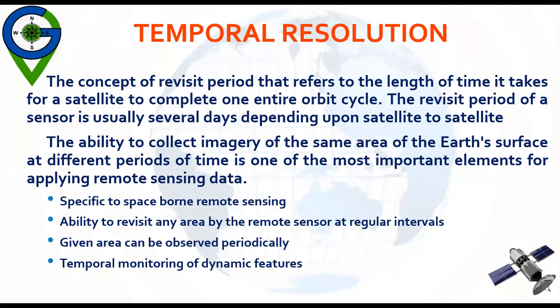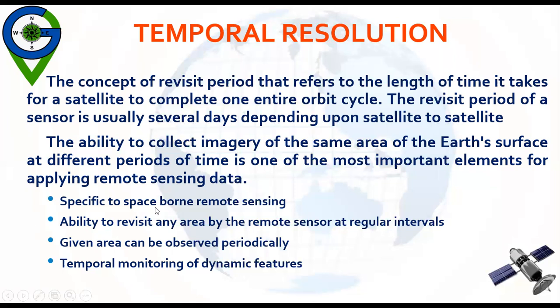If we start with any selected pass in a satellite's orbit, an orbit cycle will be complete when the satellite retraces its path, passing over the same point on the Earth's surface directly below the satellite for a second time.